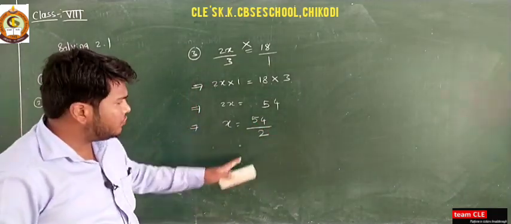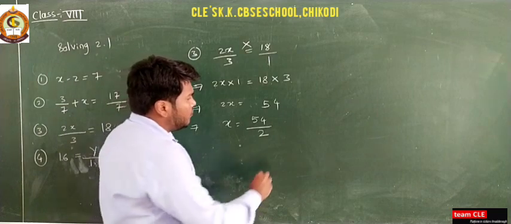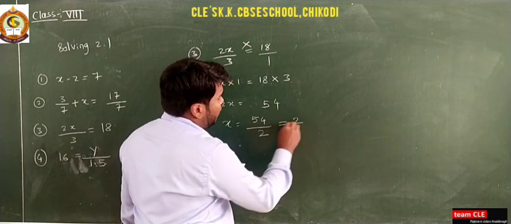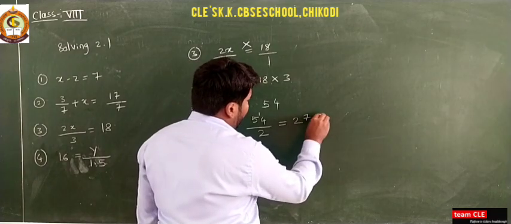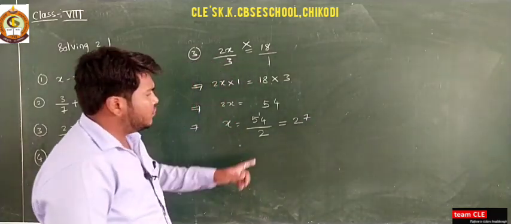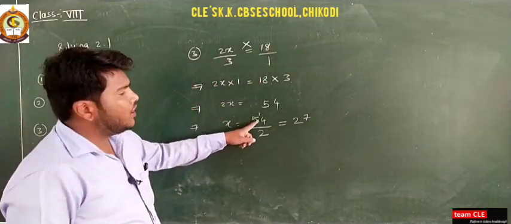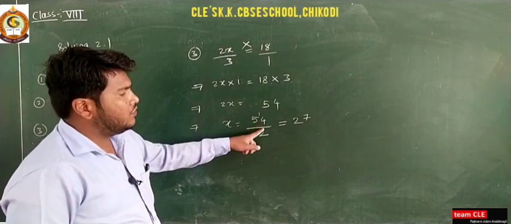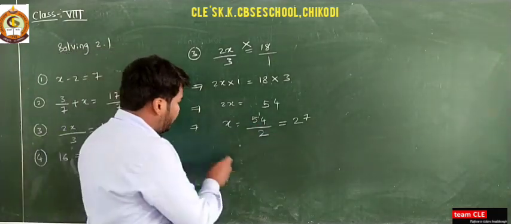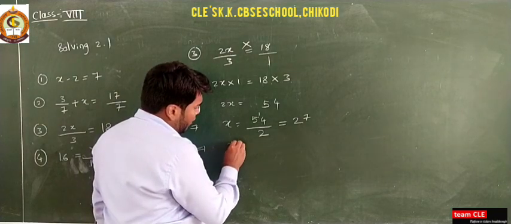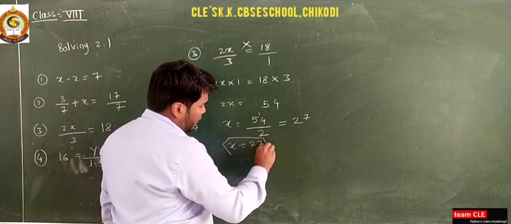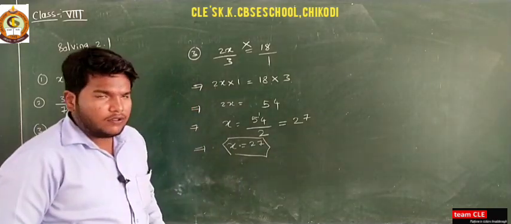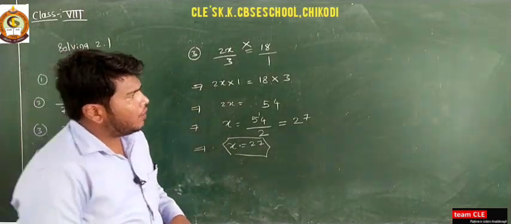So 2 twos are 4, remaining is 1, then 2 sevens are 14. So finally the answer is x is equal to 27. So this is the third problem.